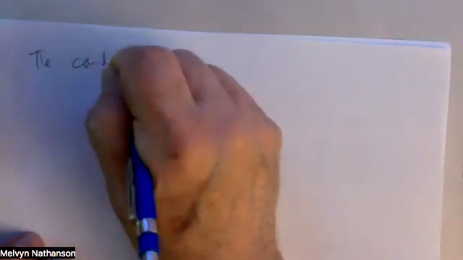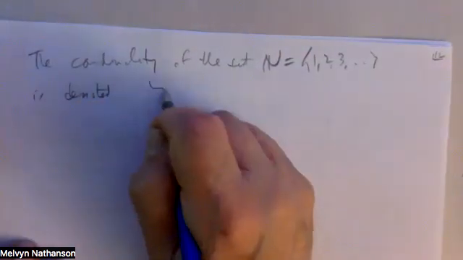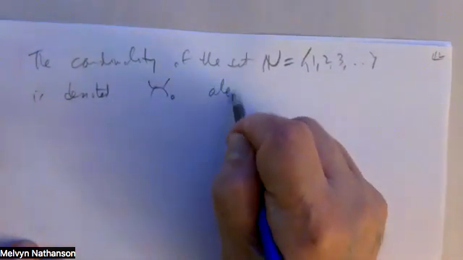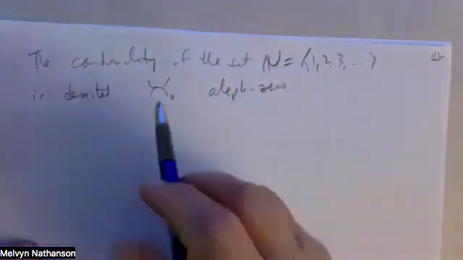So the cardinality of the set N of positive integers is denoted by this symbol, Aleph naught.